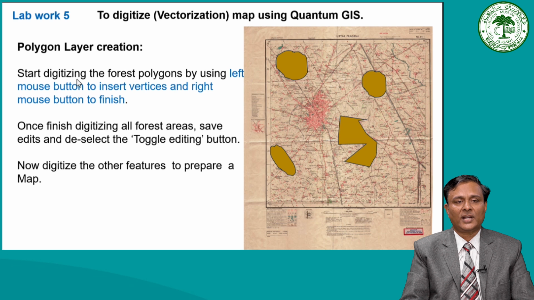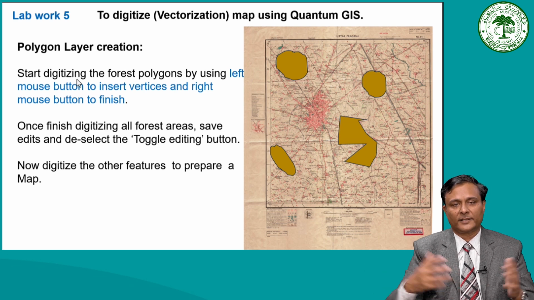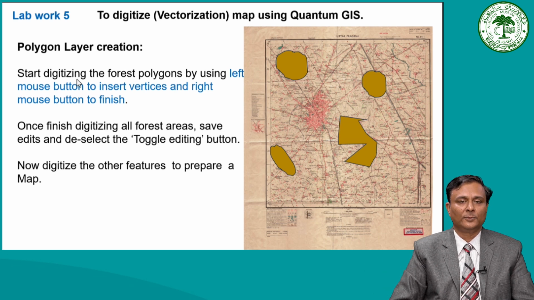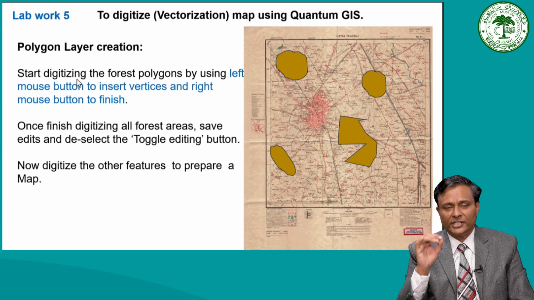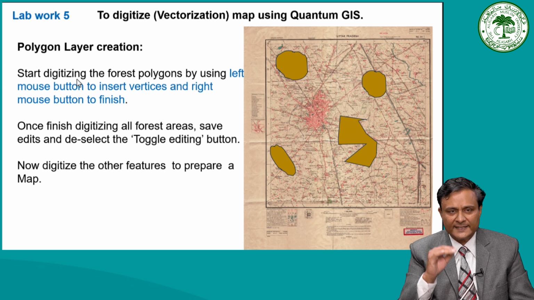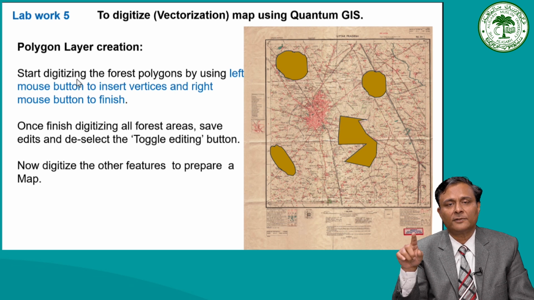Then you start digitizing. For example, here I have digitized a few polygons. Now there is one more important thing which you need to keep in mind. For digitizing a polygon, you need to start from one side and continue in one direction. I would suggest you move in an anti-clockwise direction.